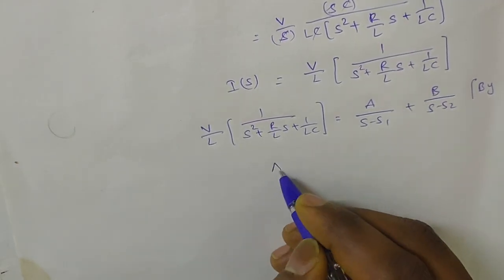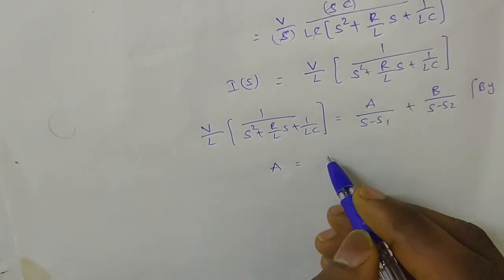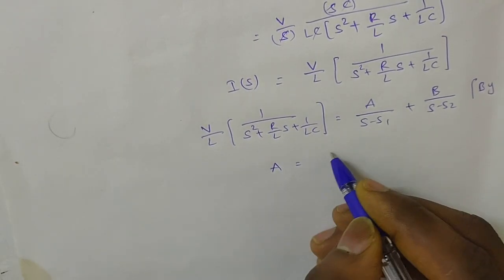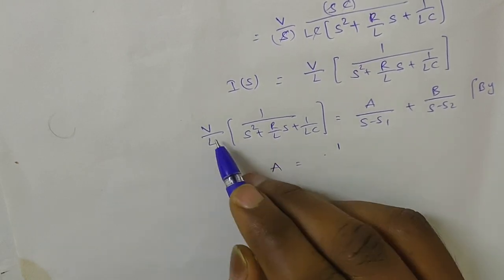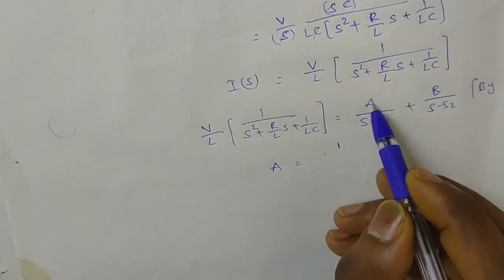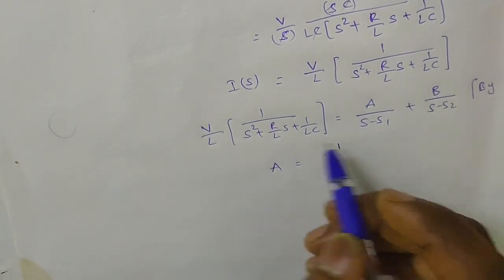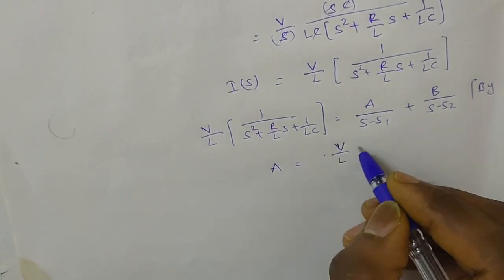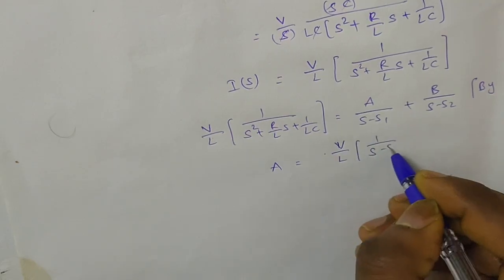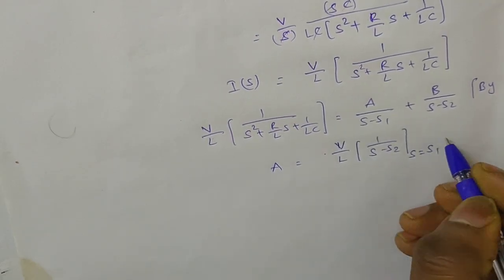To find A, this is written as A by S minus S1 plus B by S minus S2, so V by L is as it is, 1 by S minus S2 at S equal to S1.